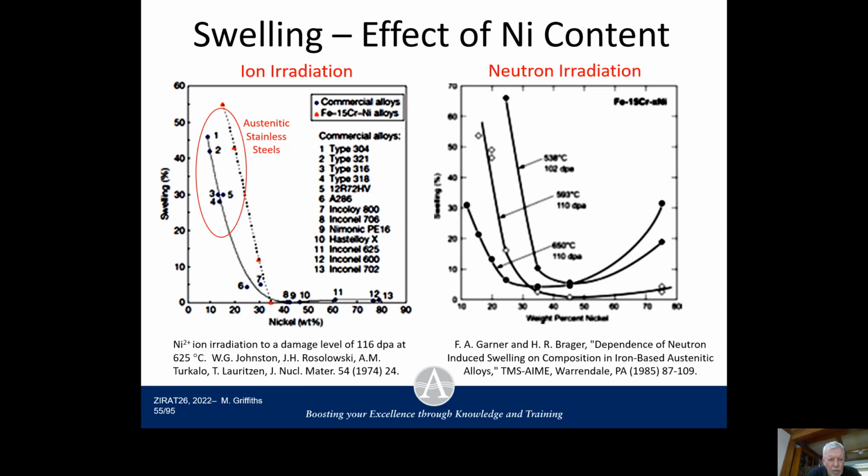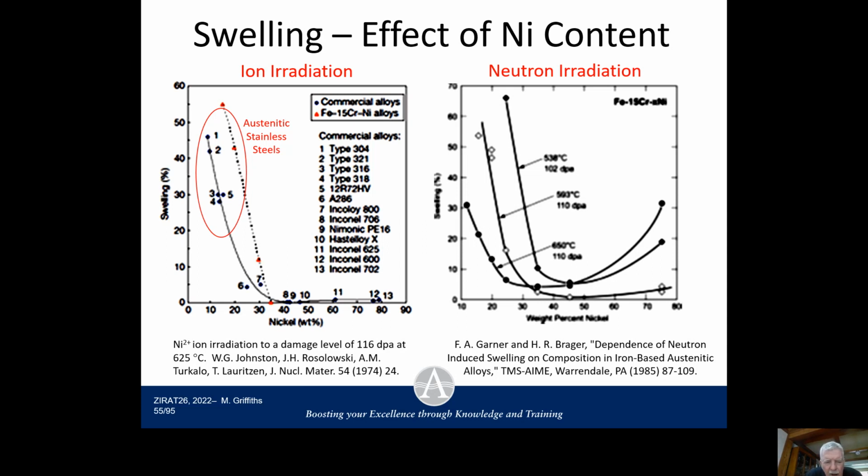Now, work conducted in the 70s, this is with iron irradiation at 625 degrees C, showed that the amount of swelling one gets for a given set of conditions decreases as you increase the nickel content. So steels, unfortunately, are up there, and they have a high propensity for swelling.